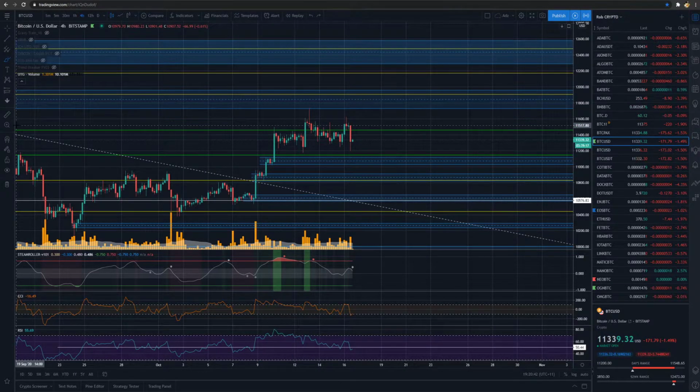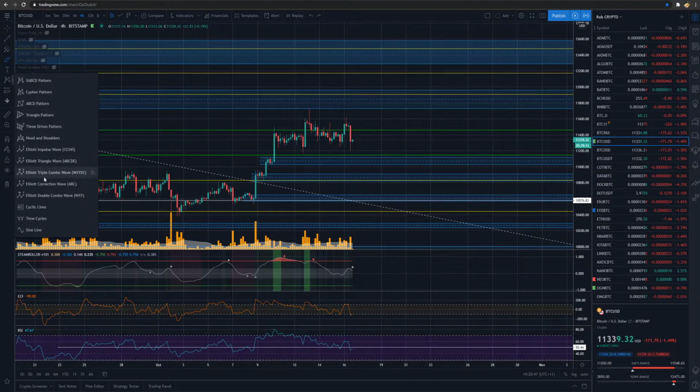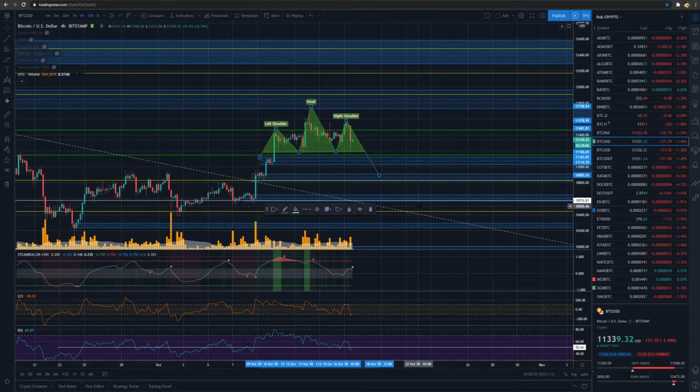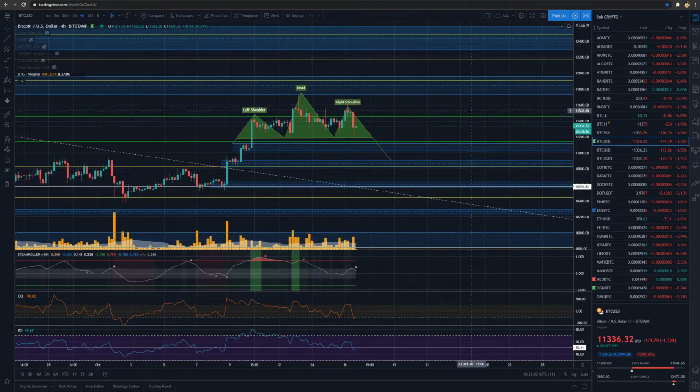I have seen this formation being played out a little bit, and I will draw it in for you. It is a head and shoulders formation that has been thrown around a little bit. Not so much in our Discord, but thrown around a lot on the socials, and it's been sent to me by independent other people that do have a chat with me time and time again.